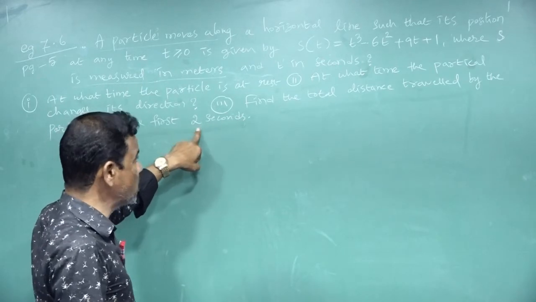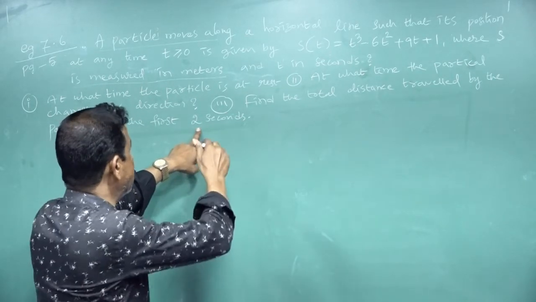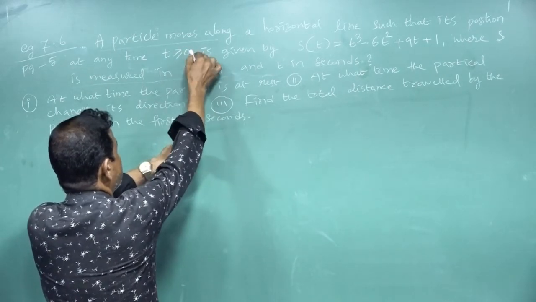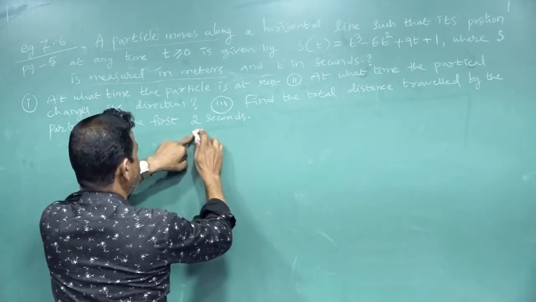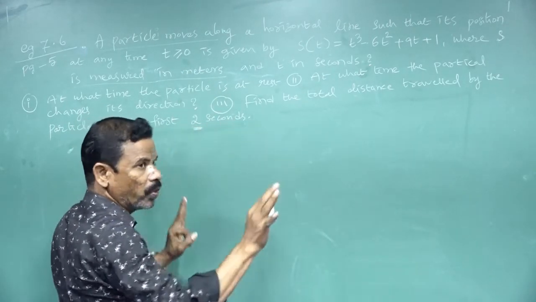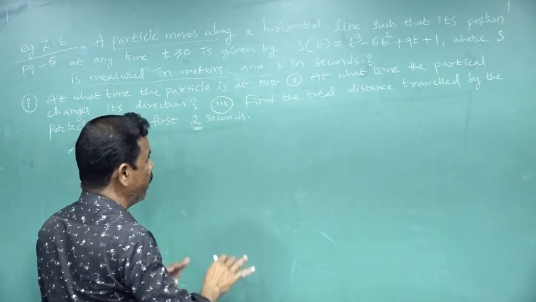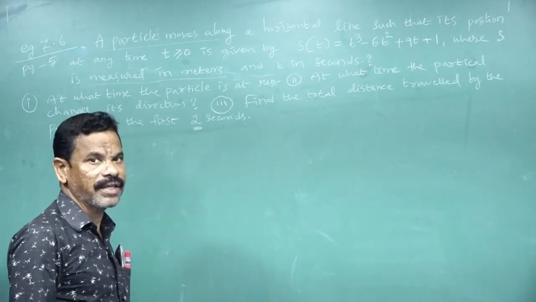He is asking in the first 2 seconds. That means starting t is equal to 0 minimum. After that, maximum 2 seconds. In that 0 to 2, what is the total distance he is asking?